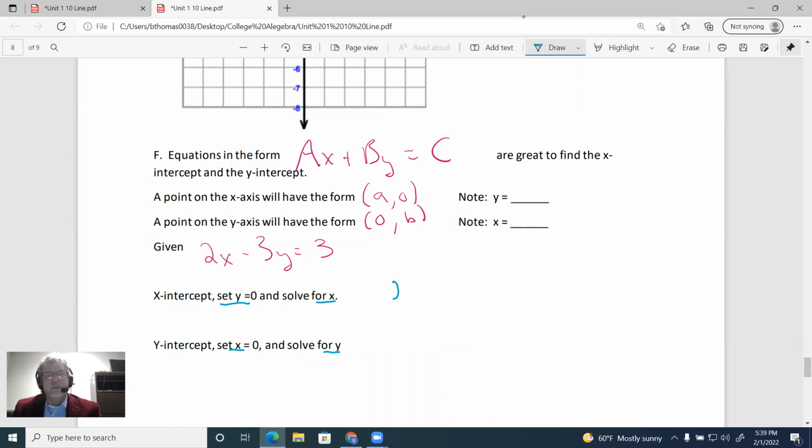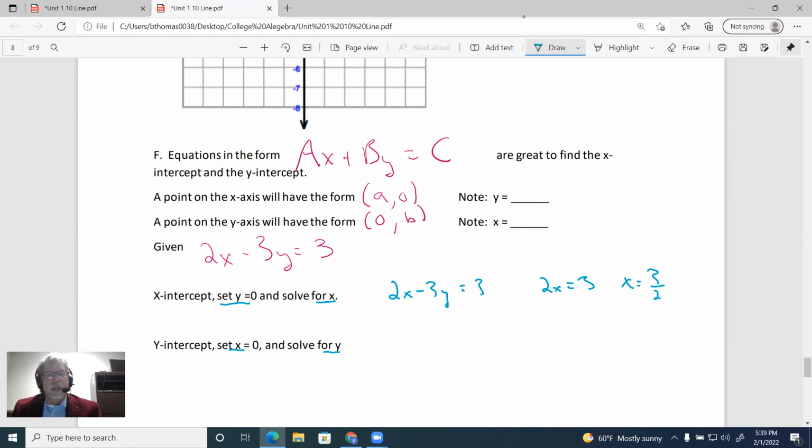So if I have 2x minus 3y is equal to 3, notice when I set y equals 0, the negative 3y disappears. So all we have is 2x equals 3. And so we have x equals 3/2 as our x-intercept.